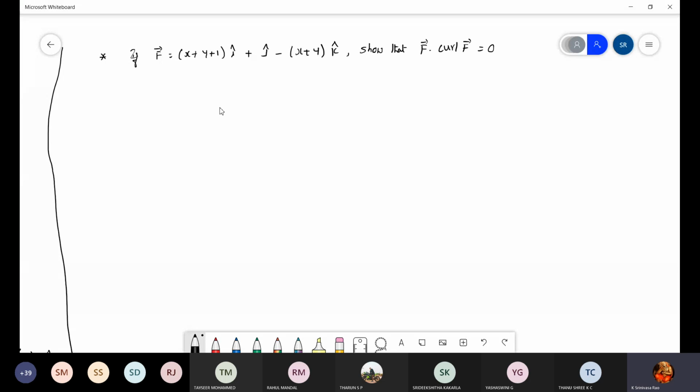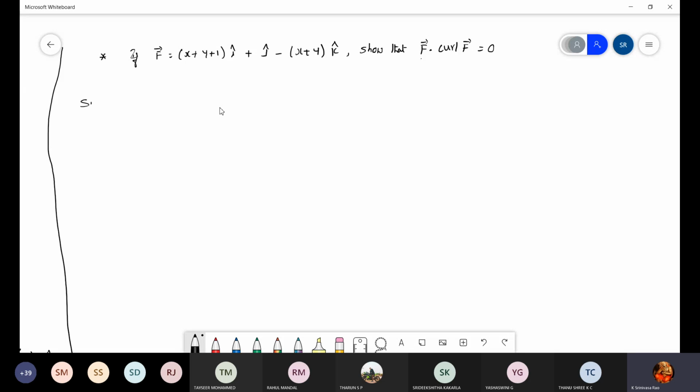Okay, this is the answer we have to show. We have to calculate curl f first. Calculate curl f, you will get one more vector, and then take the dot product of f with curl f. Find the dot product and show it is 0.